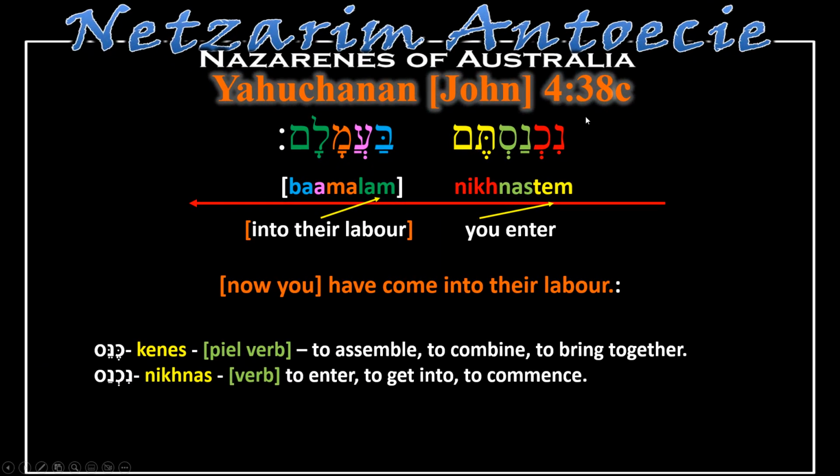Okay, very good. And now we come to part C of 38. We have a nun, kaf, nun, samek, tav, mem sofit, bet, ayin, mem, lamed, mem sofit. Now we read it: niknastem. You enter.